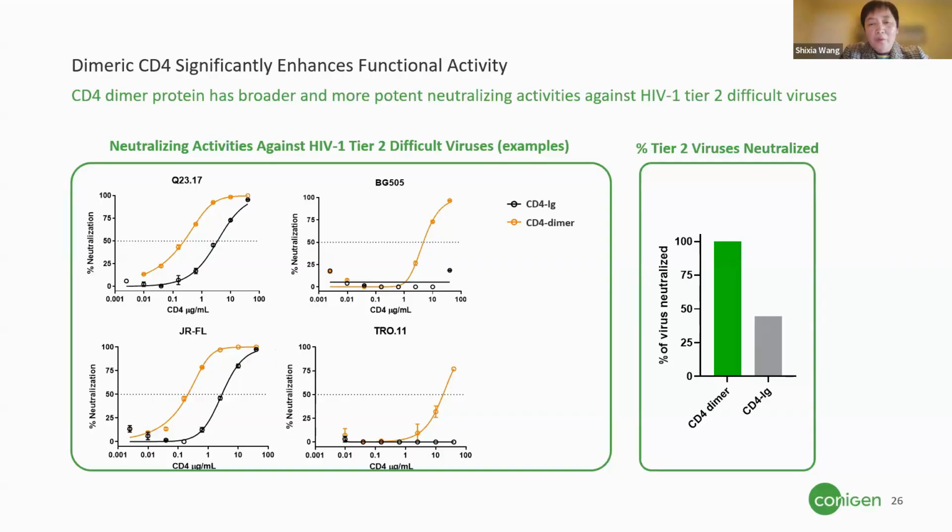In neutralization against tier 2 viruses, all the viruses can be neutralized by the CD4 dimer protein, but only about 50% of viruses can be neutralized by CD4-Ig. In the example panels, the orange curve versus the black curve, the CD4 dimer has more potent neutralizing activity compared to CD4-Ig, over tenfold increase. This indicates that the dimeric protein not only increases the binding, but also increases the functional activities.